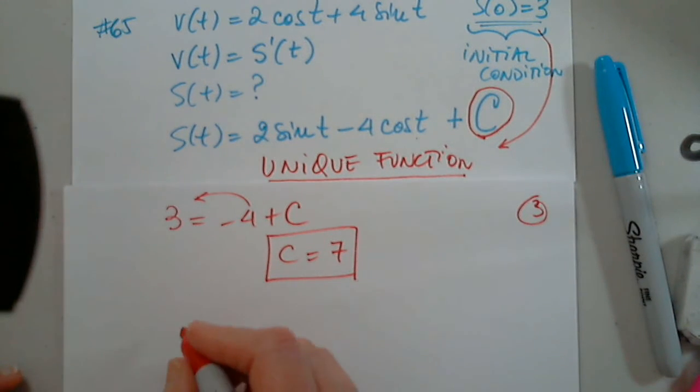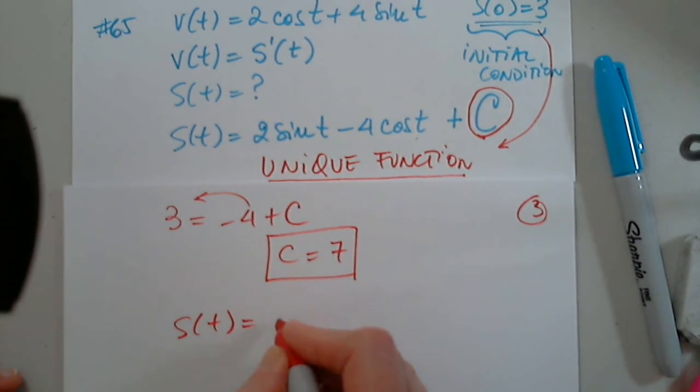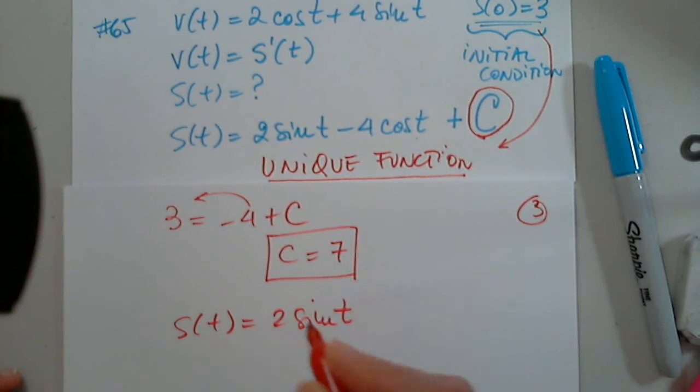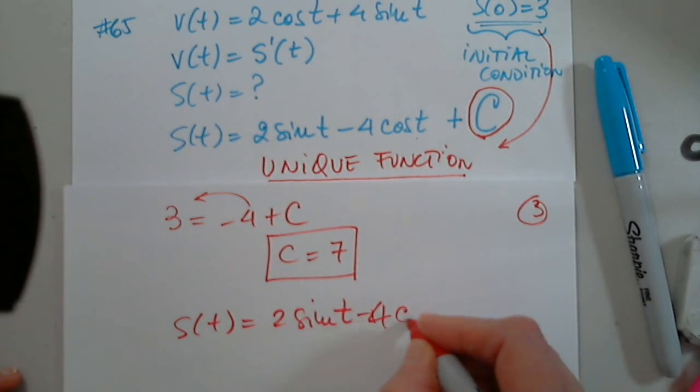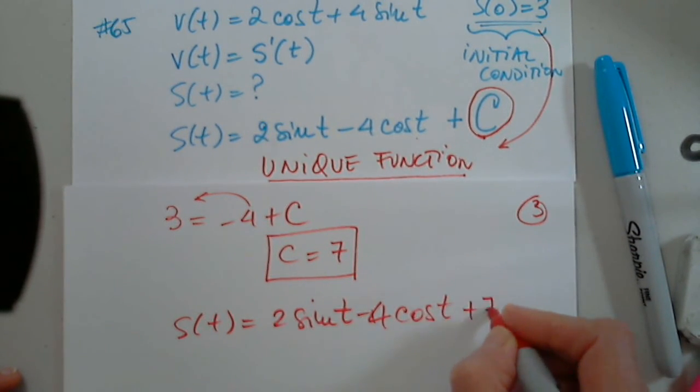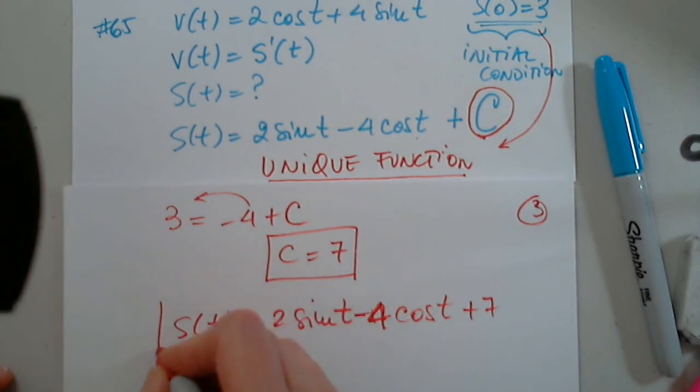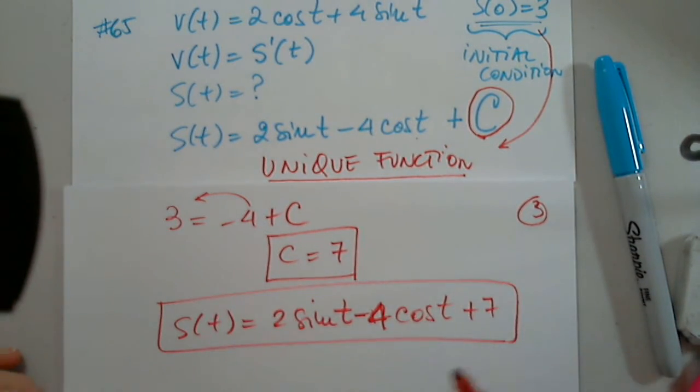And now this is a unique situation. S of t equals 2 sine t minus 4 cosine t plus 7. So this is one application of anti-differentiation, not the only one. You'll see the rest in the next chapter.